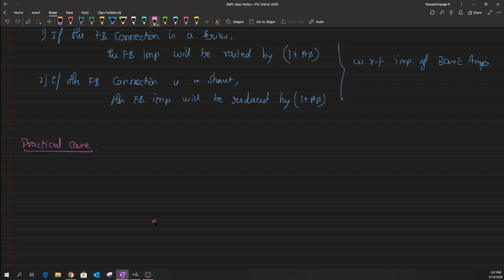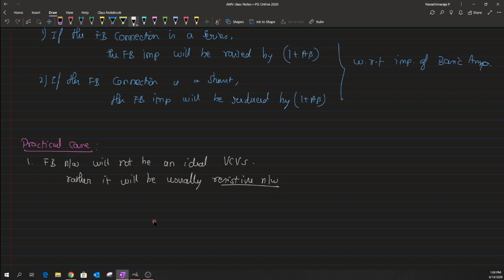In this practical case, as I stated, the feedback network will not be an ideal voltage controlled voltage source, but rather it will be like a resistive network, and these resistive networks, in short, load the basic amplifier.